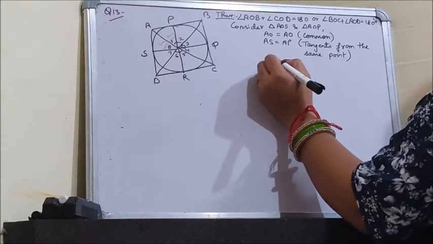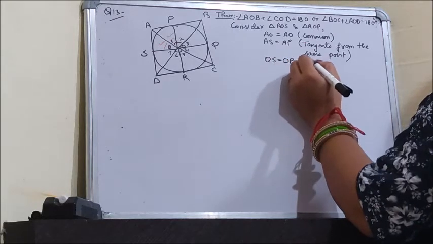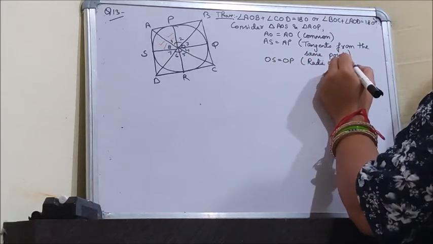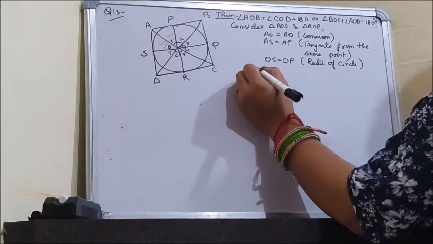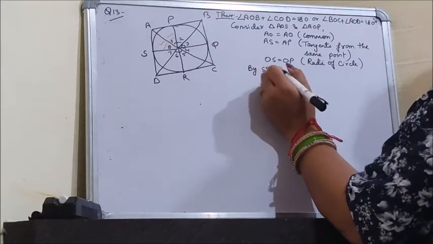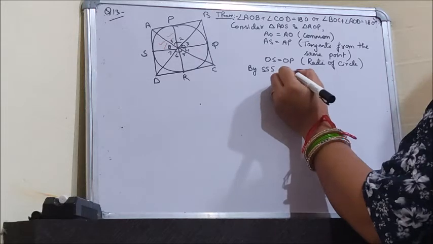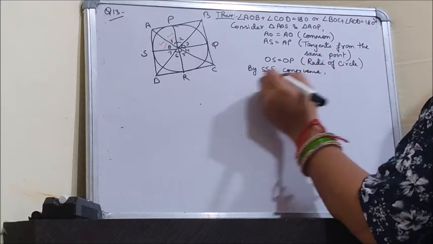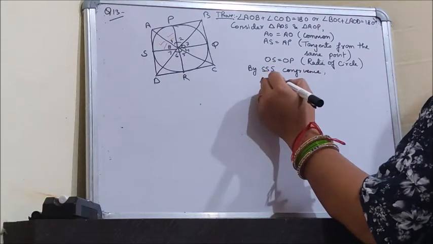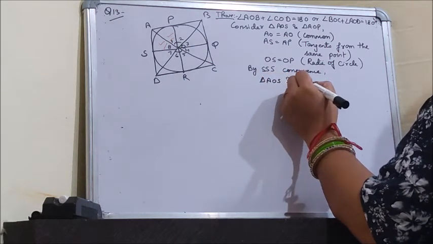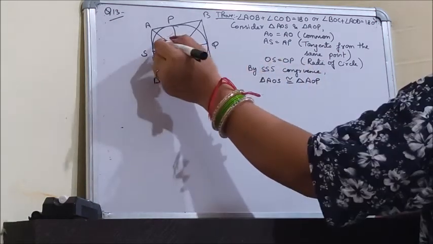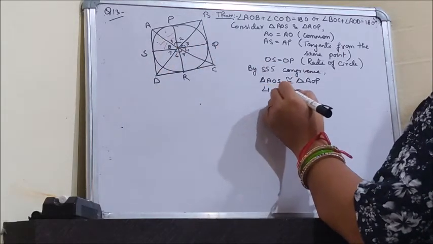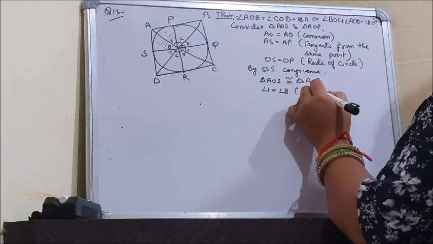And OS is equal to OP, radii. So by SSS congruency, triangle AOS is congruent to triangle AOP, and since these two triangles are congruent, angle 1 is equal to angle 8 by CPCT.